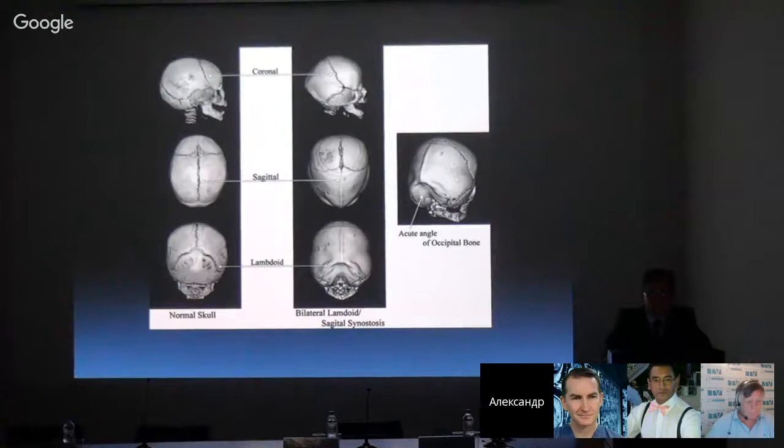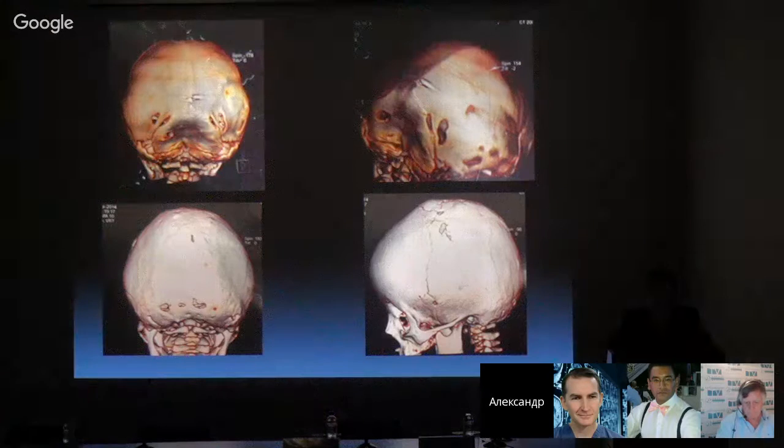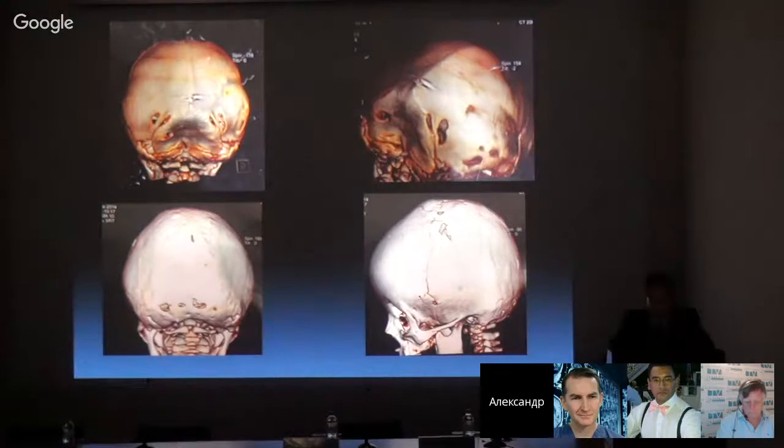And you can see the posterior fossa had an inadequate angle in the occipital bone, making the surgery very, very difficult, and these patients have Chiari malformation too. This is one of the 2 cases in 25 years that we have.